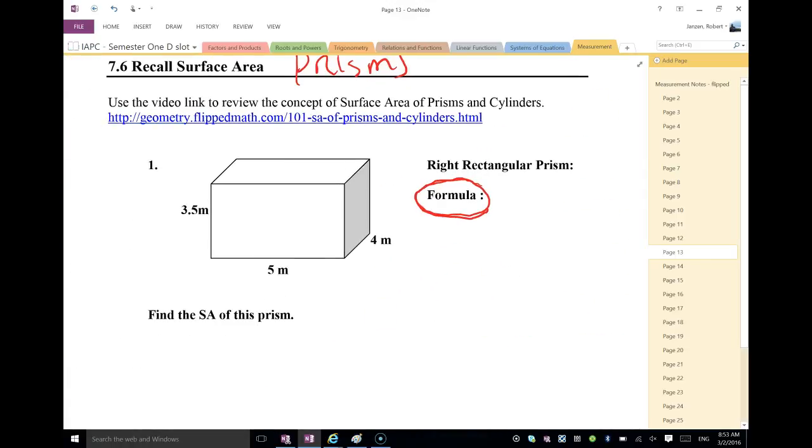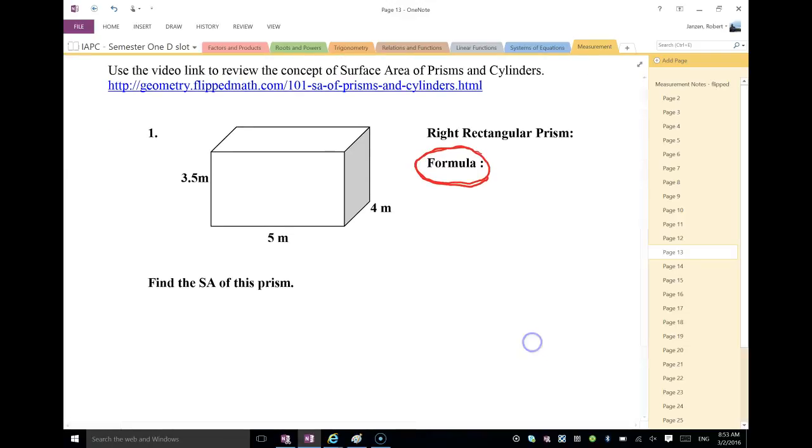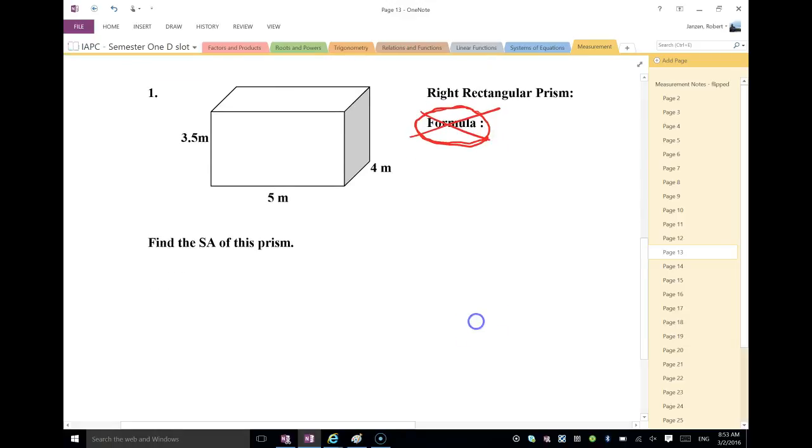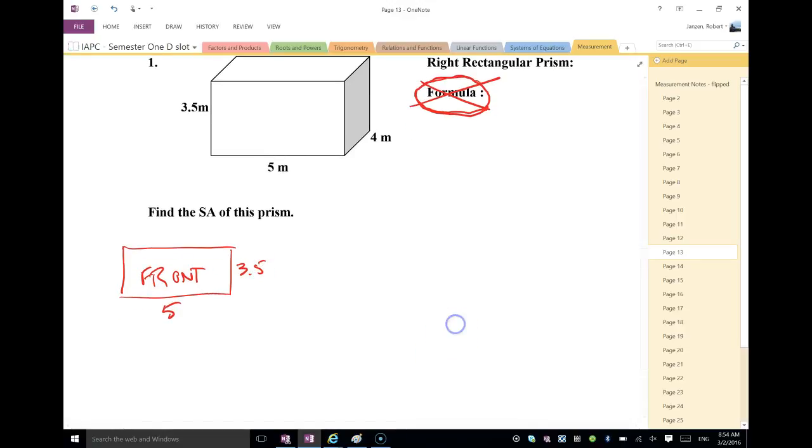So looking at this shape, it's a rectangular prism. Instead of thinking what is the formula, let's take a look at what shapes we have. Well, the front of this prism is 5 by 3.5. Can you find the area of that? Absolutely.